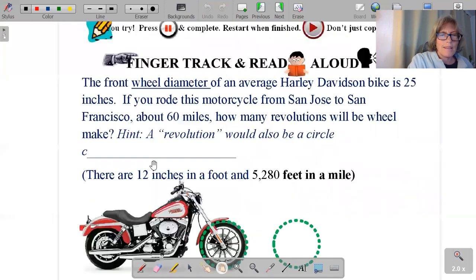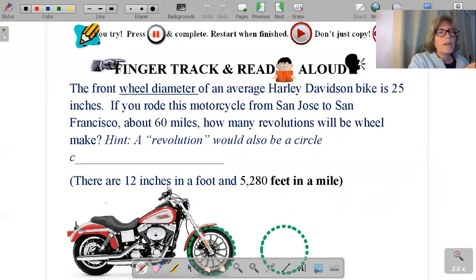Says right here, the front wheel diameter of an average Harley Davidson is 25 inches. So keep in mind what we have here is a diameter. Okay, a diameter across is 25 inches.